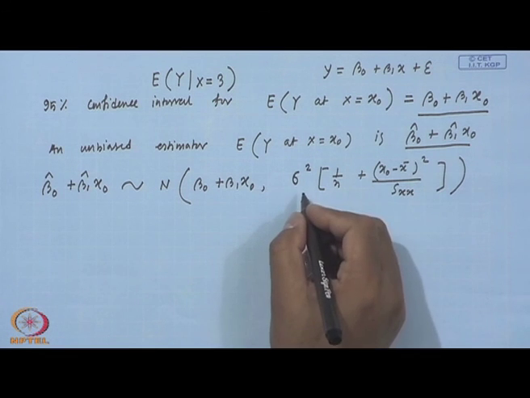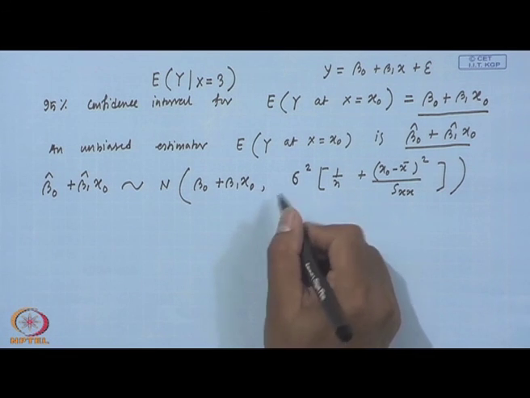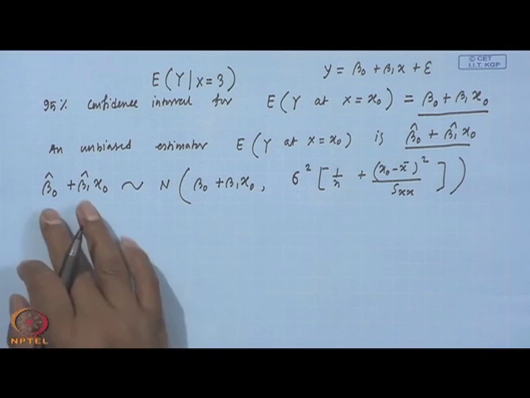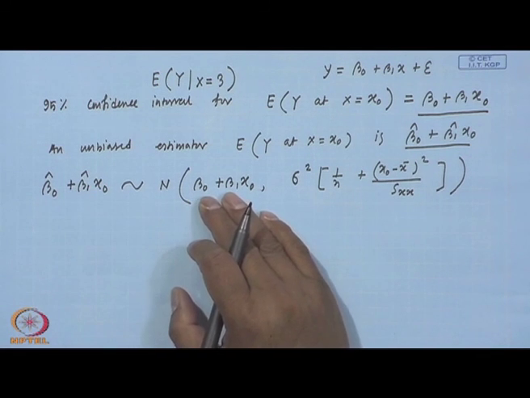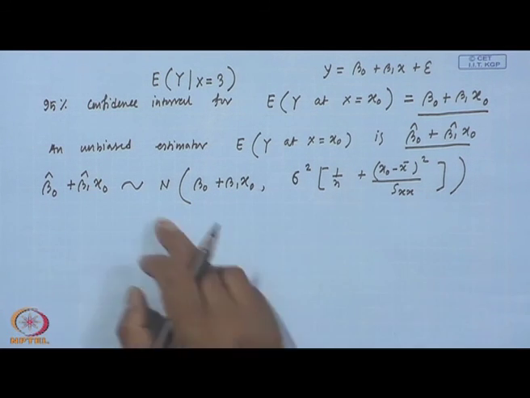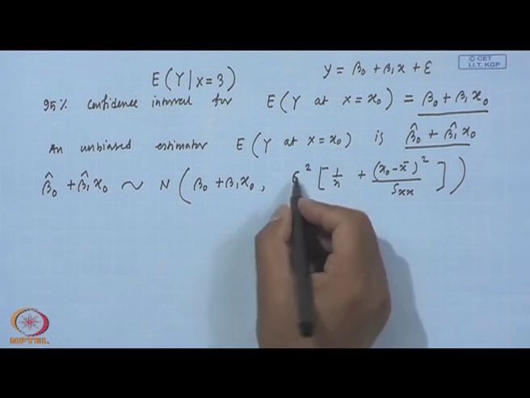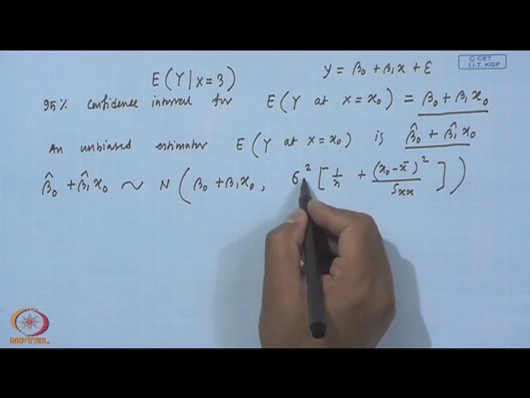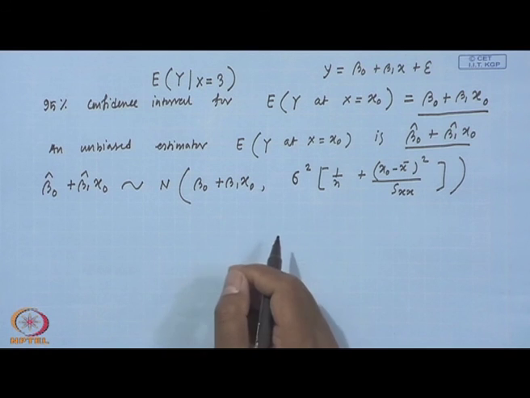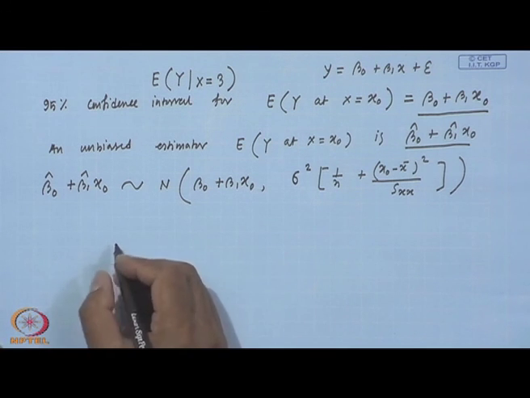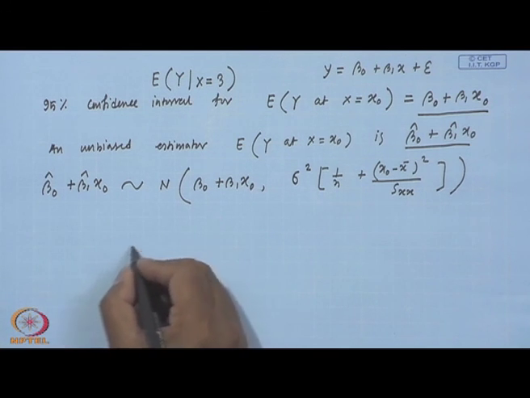Of course, then this minus the mean, divided by the square root of this, follows normal 0, 1, and if you replace this sigma square by MS residual, then that follows a t distribution. So, let me write that.